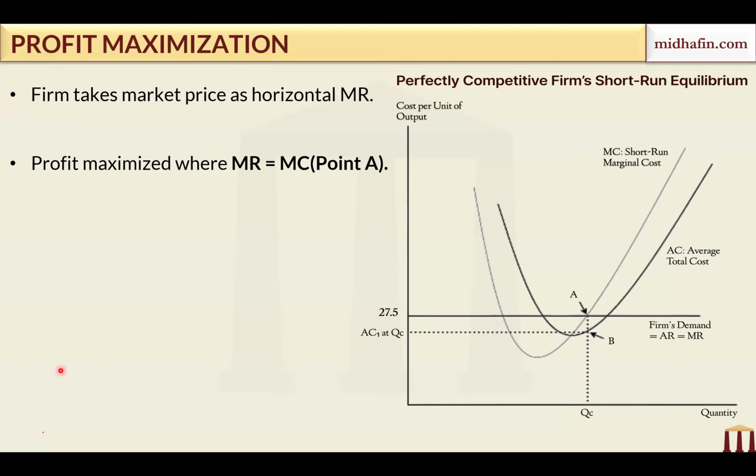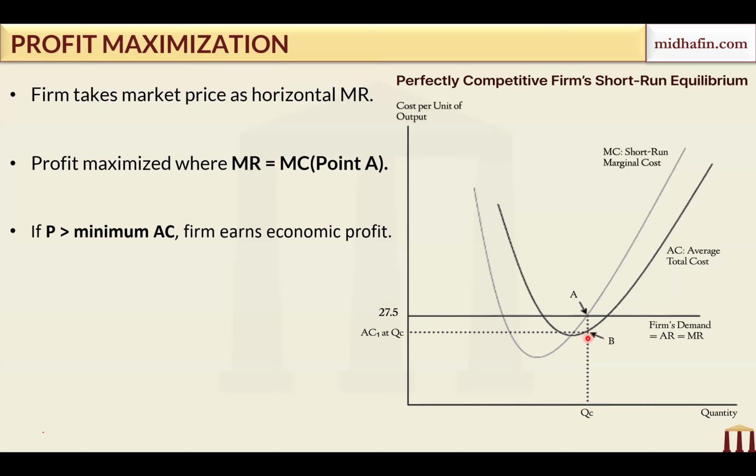Okay, now let's talk about profits. If price is greater than minimum average cost, then the firm earns economic profit. So at output QC, we will compare the price with the average cost. This is the price, which we know is at point A, but the average cost at this particular quantity is point B. This is the average cost per unit of quantity QC.